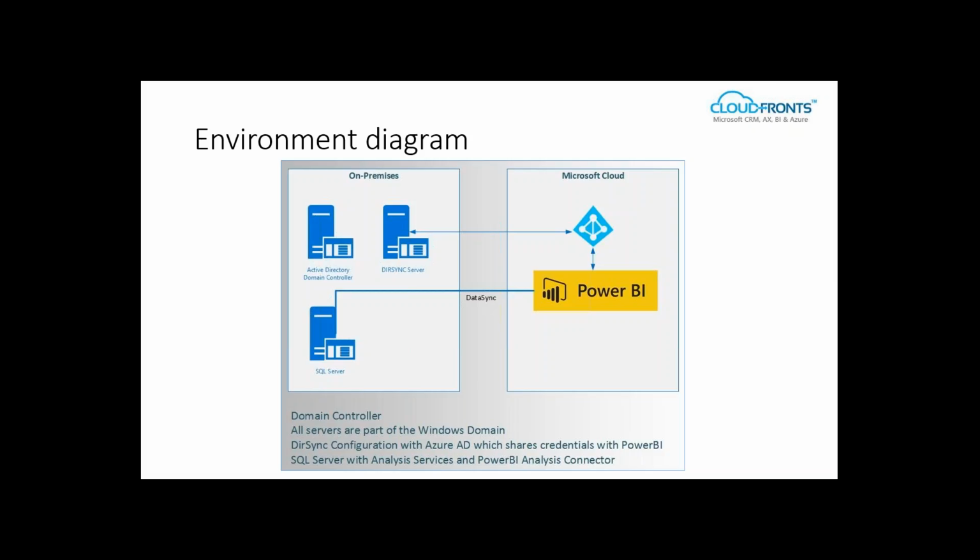If you have a multiple-domain environment, the domains should be properly configured with a trust relationship, otherwise it cannot work. So this is the basic requirement of the Analysis Services connector, as well as the infrastructure we have set up for this demo. Ashish can take over to show the Power BI dashboard as well as the connectivity. Ashish, you can take it forward from now.